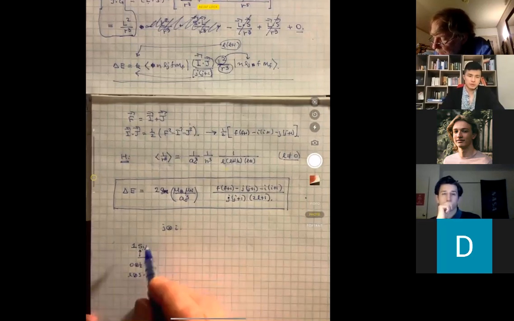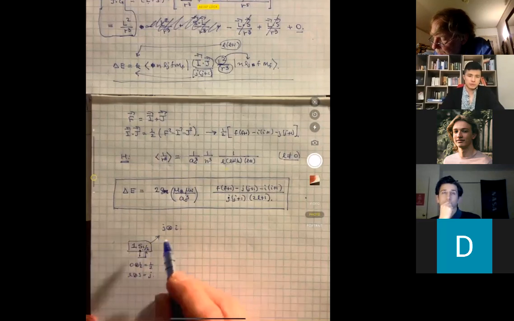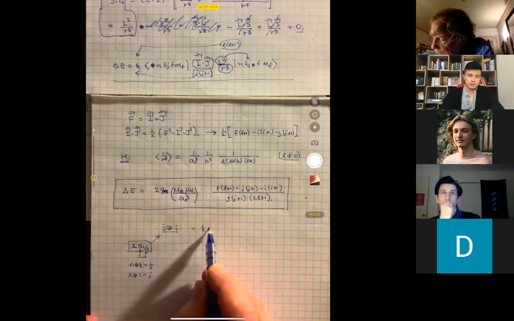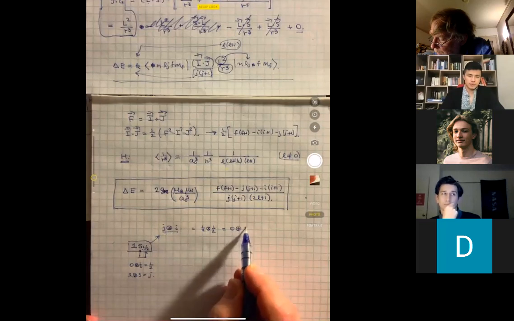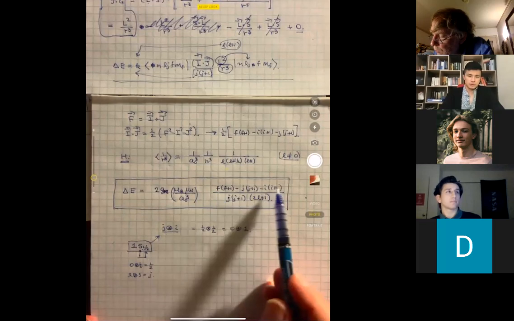So in the 1s 1/2 level of our unperturbed system, J crossed with I turns into 1/2 crossed with 1/2, which is therefore equal to 0 or 1. So there are two F values, F equals 0 and F equals 1.